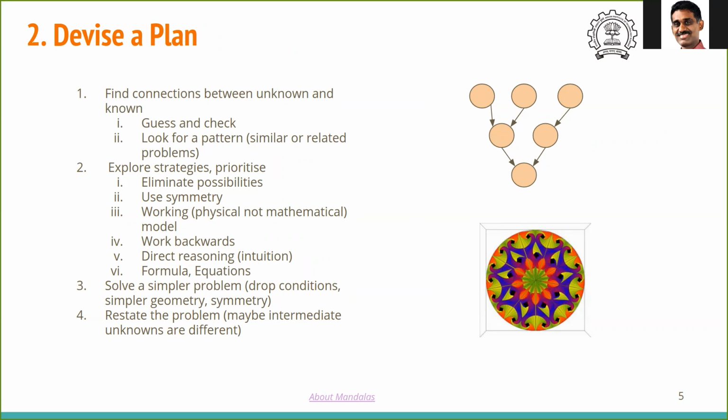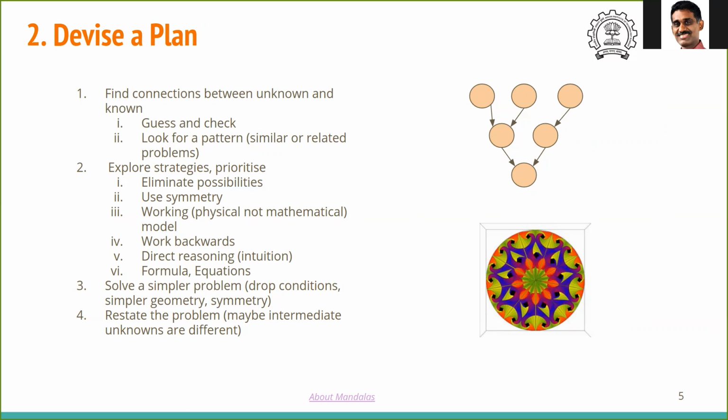Sometimes when you work with a physical model, your intuition to solve the mathematical problems becomes better. And sometimes another way to strategize is to work backwards. You know that you want to get to this unknown, and from there you come up with levels previous to that, and then try to get to the knowns.